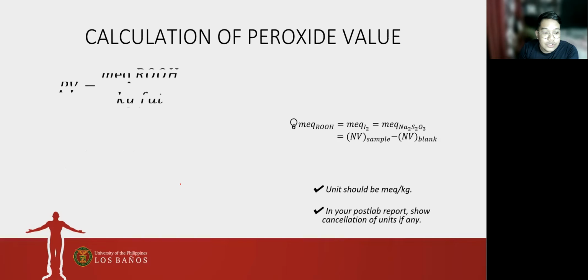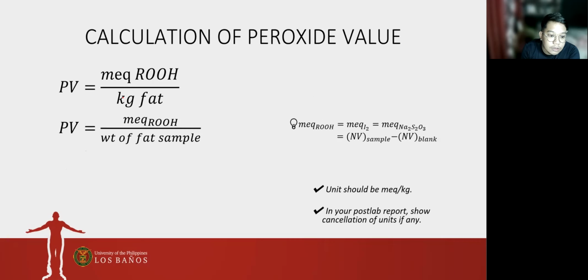So for your calculation, as mentioned, ang PV natin ay, ang unit is milliequivalent of peroxide per kilogram fat. So huwag kayong malilito dito, no? So sa kanya, kilogram fat. Then for PV, yung weight of fat sample natin, syempre, since nag-weigh tayo using our analytical balance, i-convert mo na lang siya from grams to kilogram fat later on.